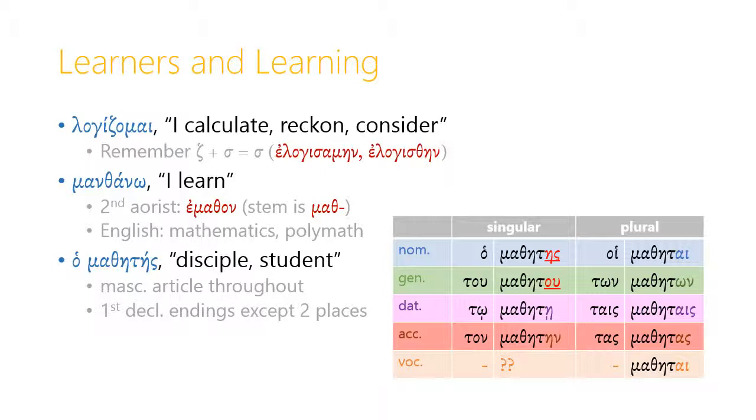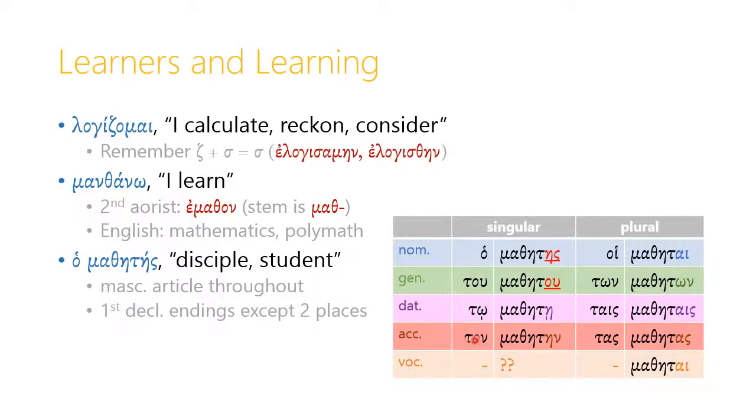declension endings. If we just look at the genitive singular, it will still seem like we're dealing with a regular second declension noun because we see that ou ending show up in the genitive singular. But suddenly in the dative singular, we see the regular first declension ending appearing. So the dative singular of mathetes would be to, the masculine article, to methete.